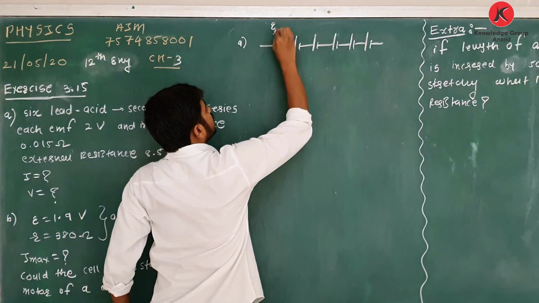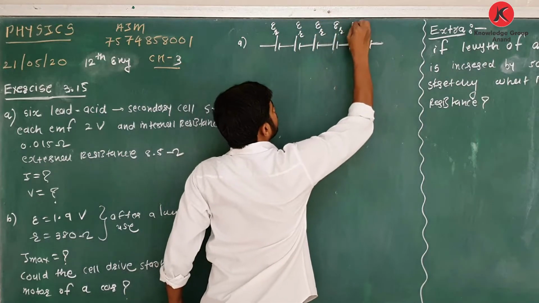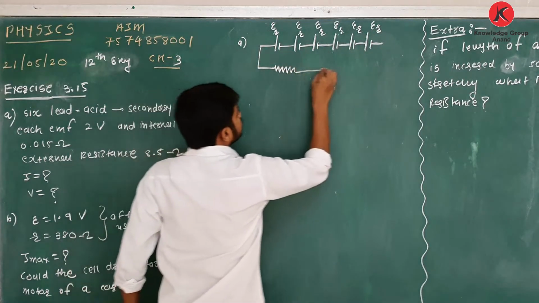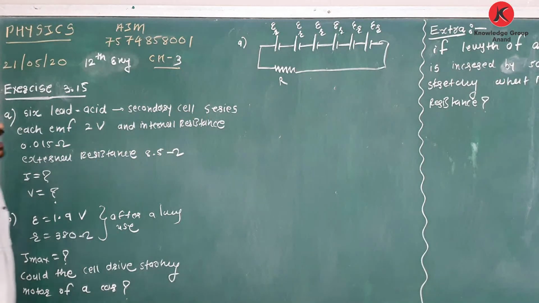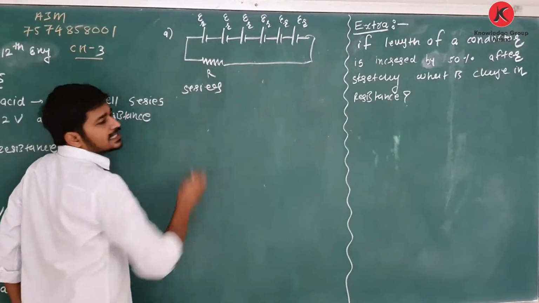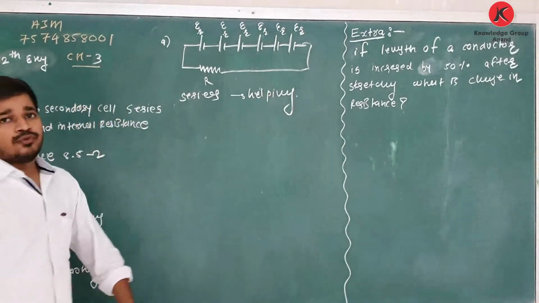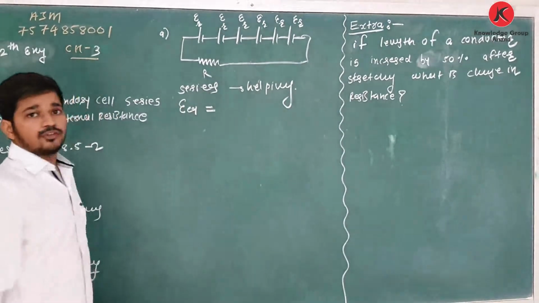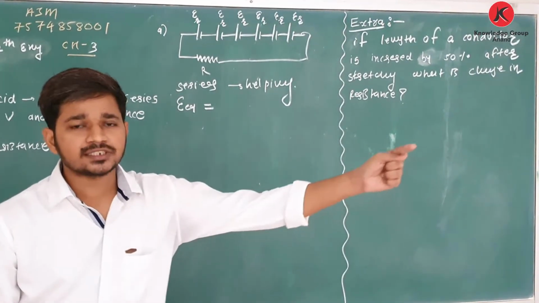Each cell has EMF E and internal resistance R, along with one external resistance R. As these 6 cells are connected in series in helping condition, the equivalent EMF is E equivalent equal to E1 plus E2 plus E3 plus E4 and so on.